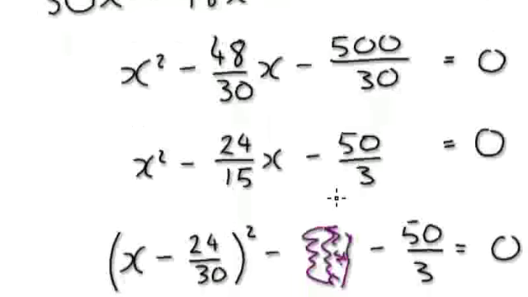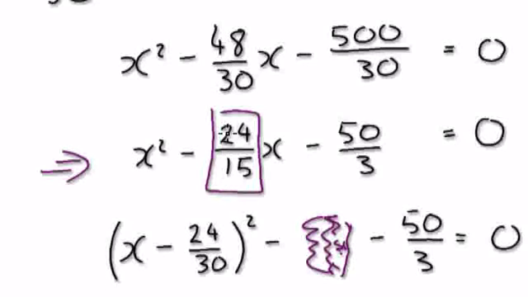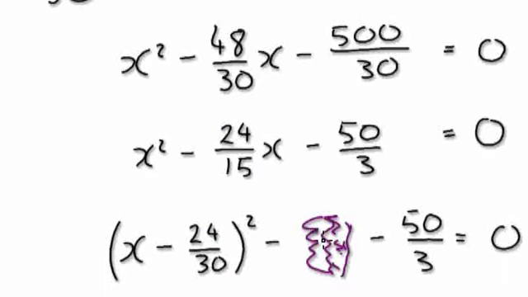Okay, and then here you would complete the square. So you're going to need half of this here. Half of this would be this. Half of it will be divided by 2, so this gets multiplied to the bottom. That's why you got the 30 here. And then you would immediately take away the rubbish.